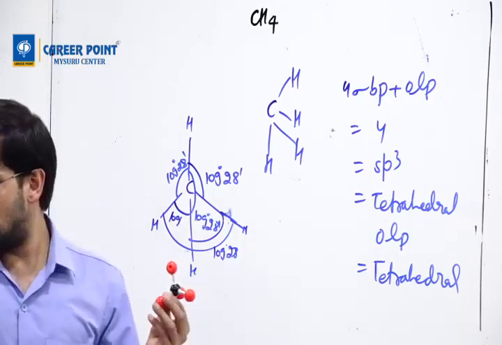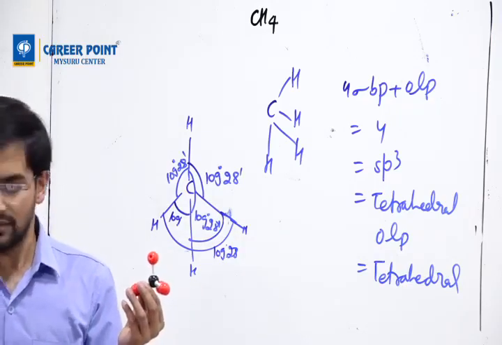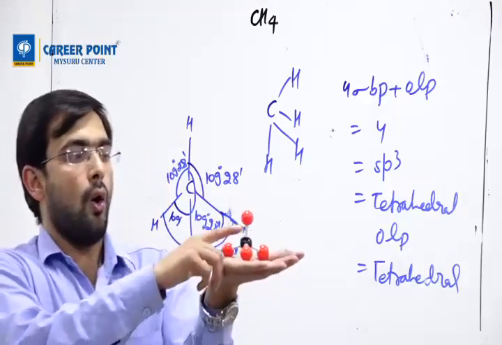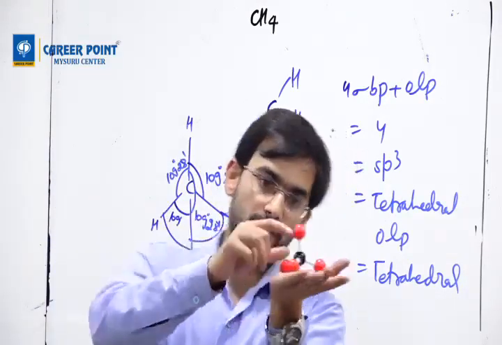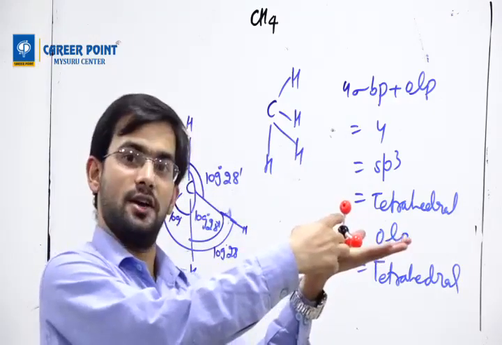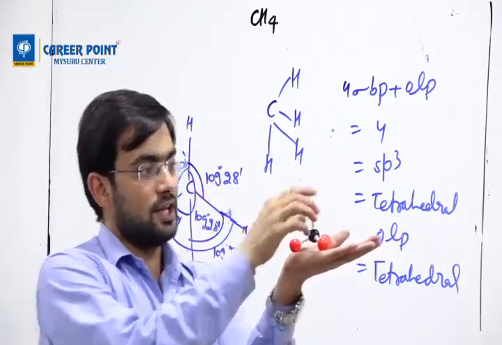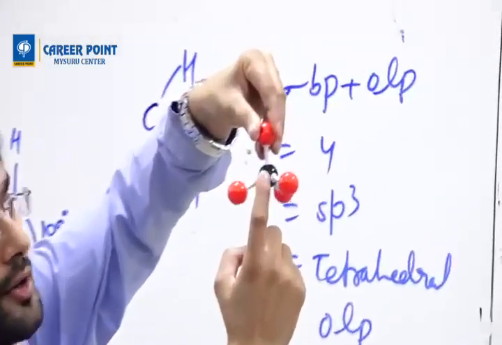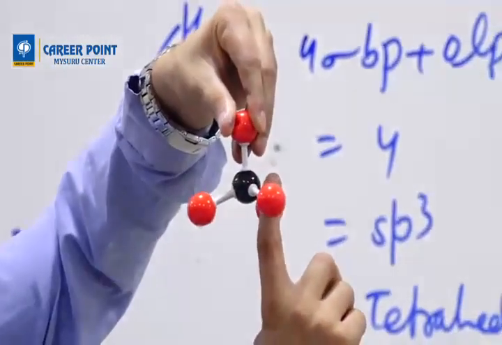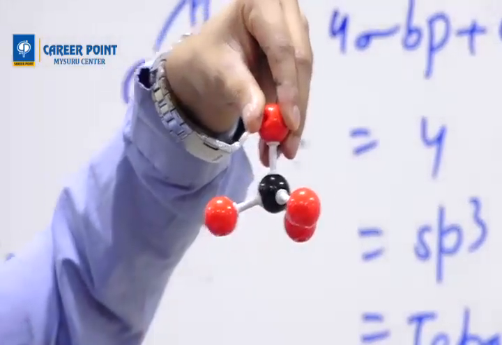So now I'll tell you how many are here in this case. From here we can count. 1, 2, 3. Okay, 3 from this. Now 4, 5 and back side 6.